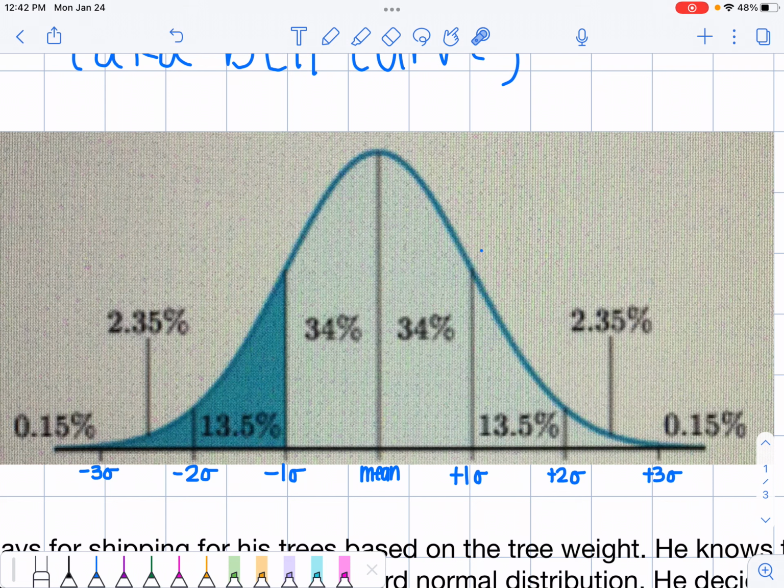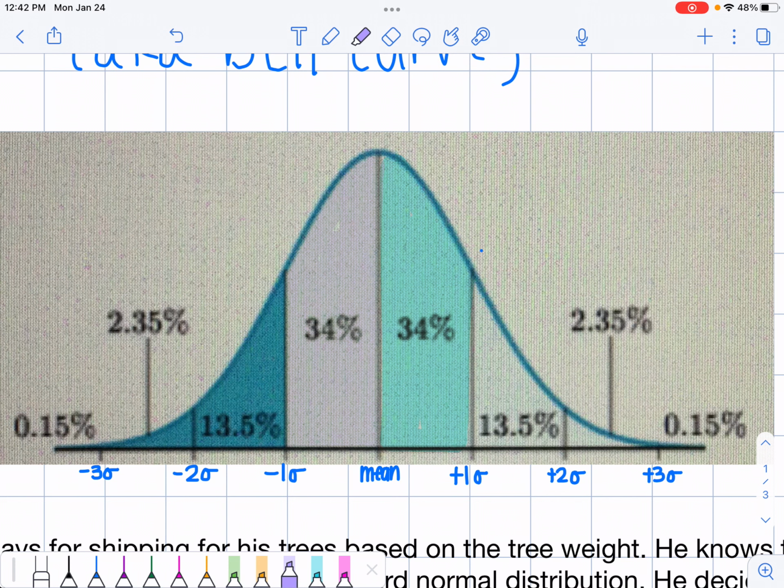Then we calculate the standard deviation, and if I move one standard deviation away, I know that 34% of my data is going to be one standard deviation above, and then 34% of my data is going to be one standard deviation below, okay?